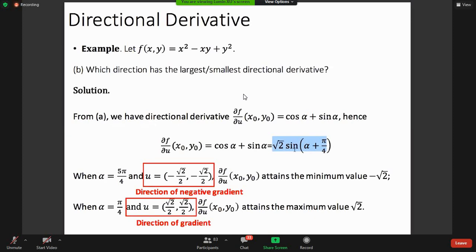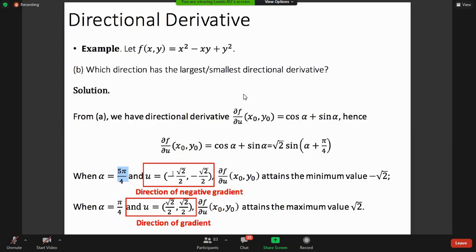And then we can easily decide which alpha will make this one biggest or smallest, right? So when alpha equals this one, we can get the minimal value.